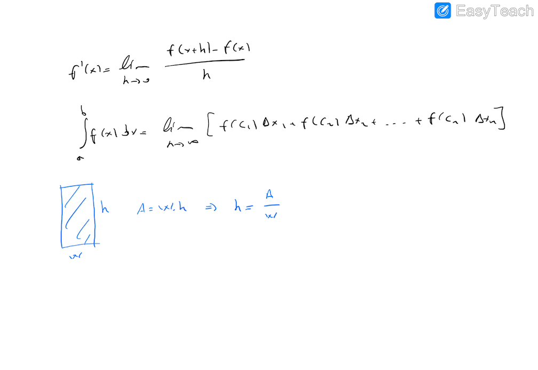For the area under a continuous curve f of x on an interval a b, the width of the region is b minus a, and the area of the region is given by the integral of f of x from a to b. Let's show this situation on the graph.